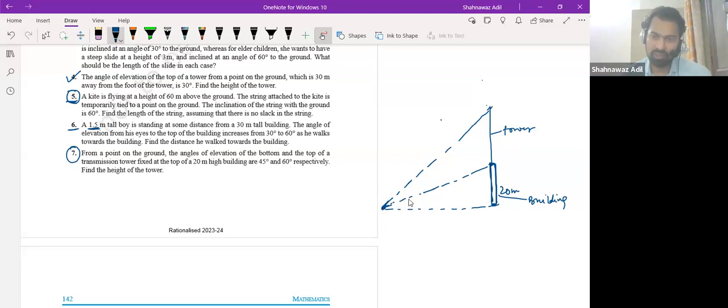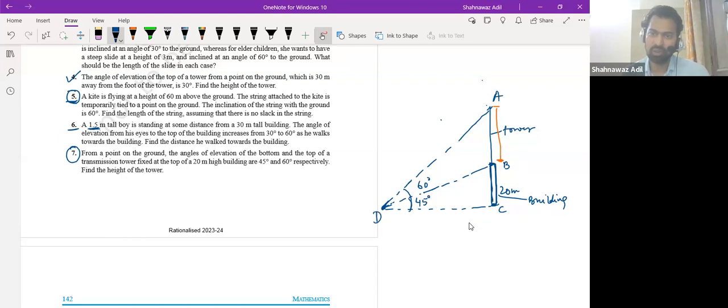This angle is 45, and this is 60. We have to find the height of the tower. Let's say this is A, B, C.